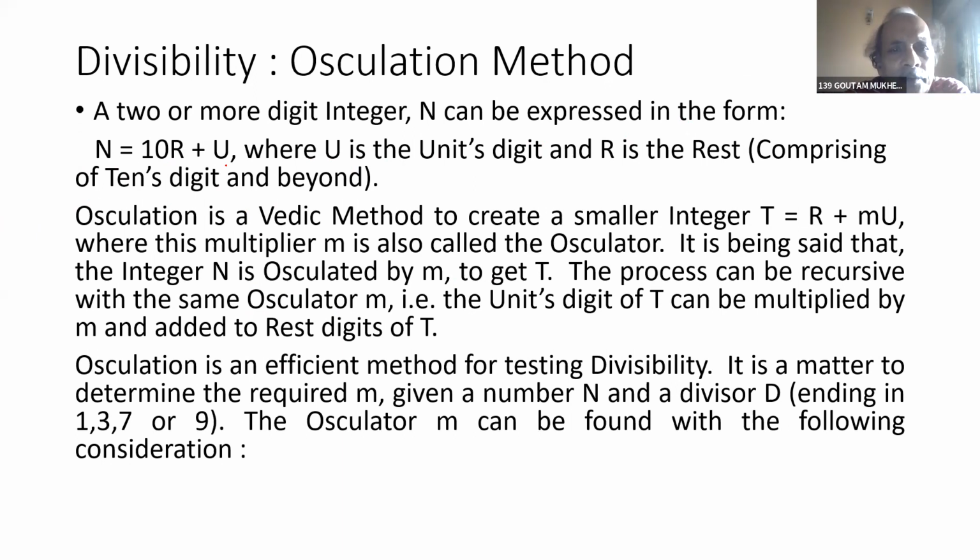If we multiply the rest by 10 and add the unit digit, we get the number. For example, 139 is 13 into 10 plus 9.